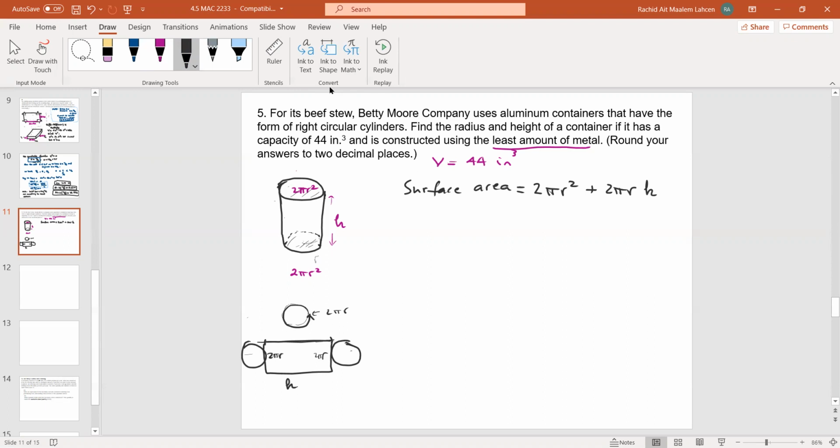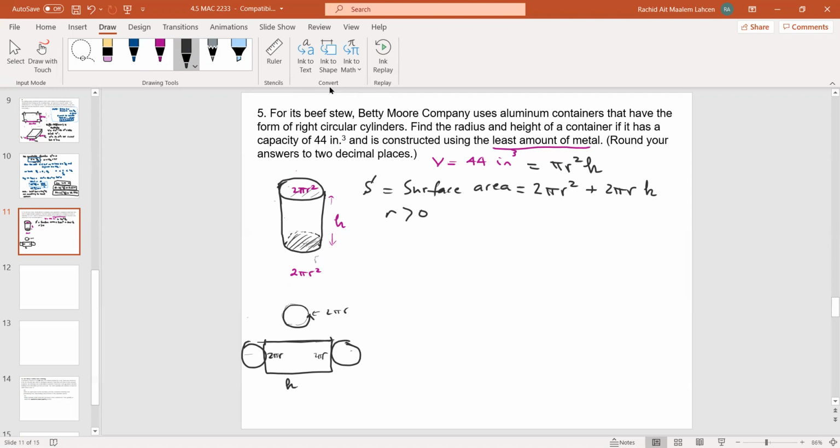We can rename this S, and now we are interested in this. R, of course, is not going to be negative, that's for sure. And what else do we need? We know the formula for the volume is the base, pi r squared, times the h, this area times the height, that's going to be the volume.